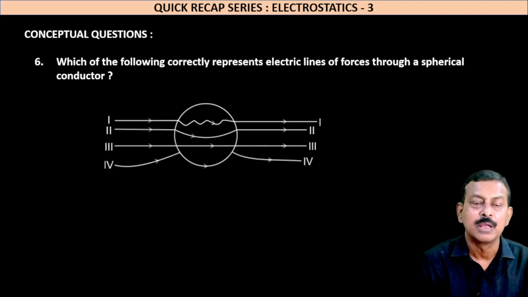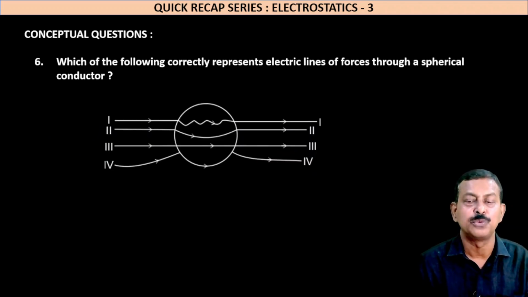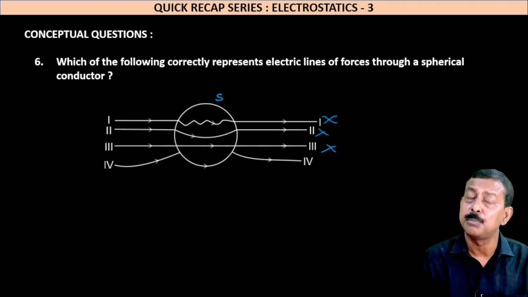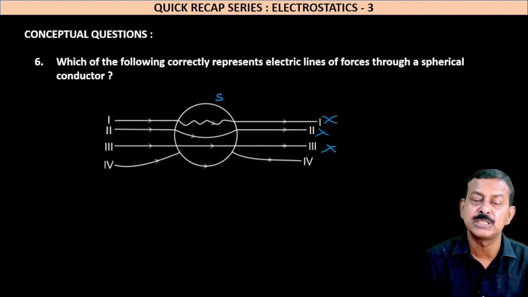Which of the following correctly represents electric lines of forces through a spherical conductor? See, the first one, it is passing through the spherical conductor, second also, third one. Since electric field inside the conductor is 0, or no electric lines of force can exist inside the conductor, on that basis, first, second and third electric lines of forces are not possible.